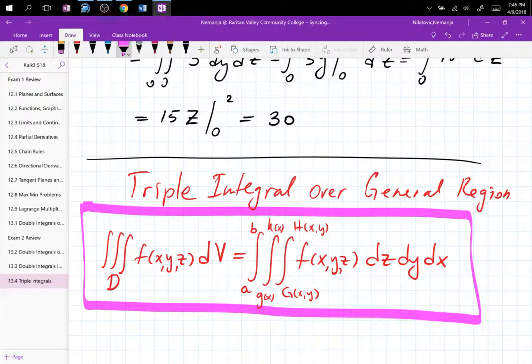That's exactly in your definition. If I kill the inner integral, which is top minus bottom here, it collapses back to the double integral over a general region, 13.2. So whatever you have for 13.2, that's going to be the first two.